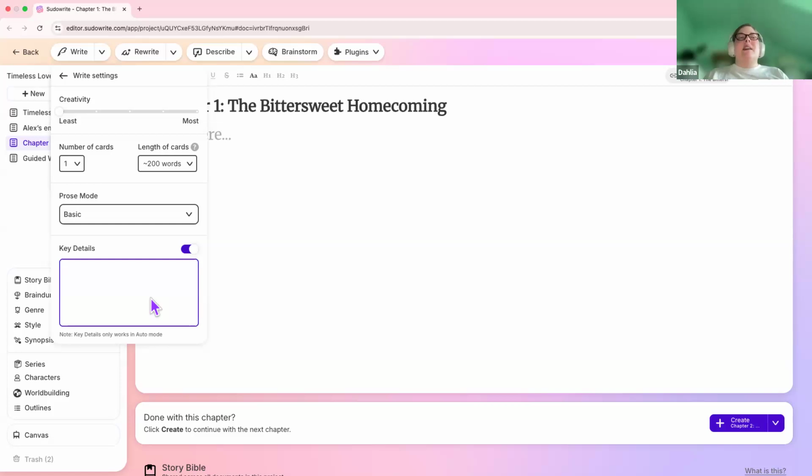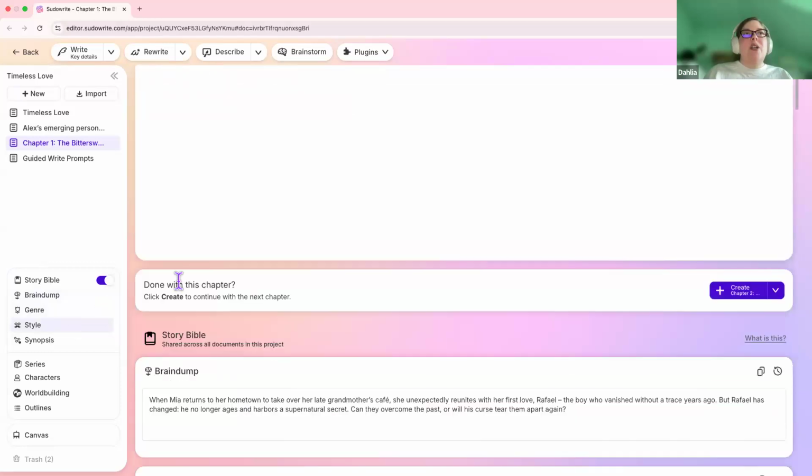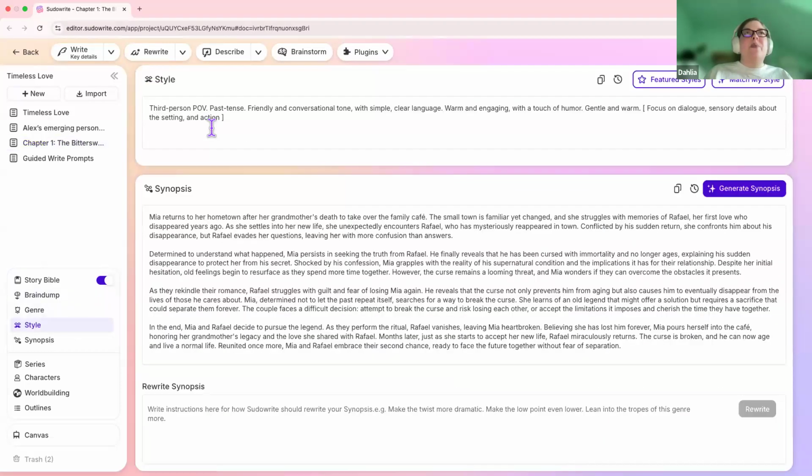Okay, you can use this to influence the style. Like you can say, use short sentences or something along the lines. But if you have the story Bible toggled on, it will also read the style box.